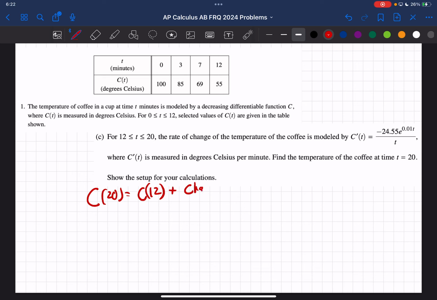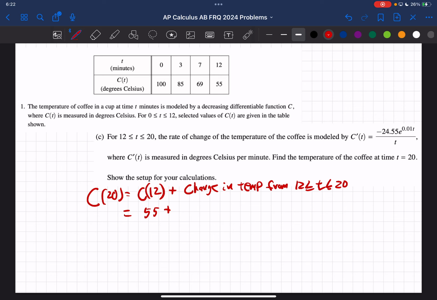plus the change in temperature from 12 less than or equal to t less than or equal to 20. So c of 12 is going to be 55.